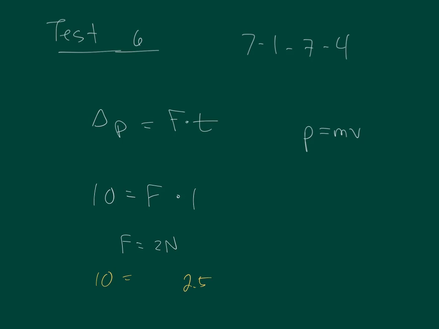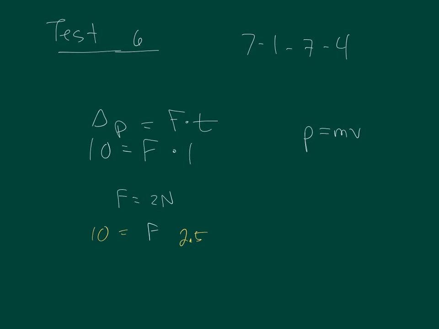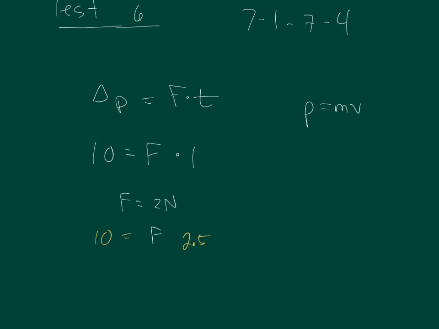This is still 10 because the same egg is still slowing down. And 10 divided by 2.5 would give us a force of, instead of 10 newtons, 4 newtons. So as the time period of contact increases from 1 to 2.5, the force felt decreases.